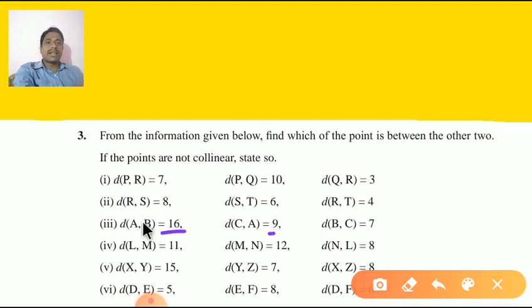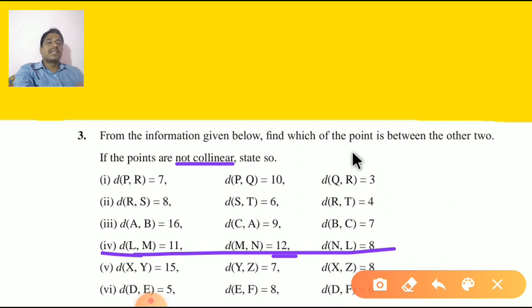Hence the end points are A and B and the remaining point is C. Hence C is between A and B. Now in the fourth example, LM is 11, MN is 12 and NL is 8. Now the largest number is 12. Adding the remaining two numbers, 11 plus 8 is 19, and 19 is not equal to 12. Hence the 3 points are not collinear. Not collinear means no point is between the other two.